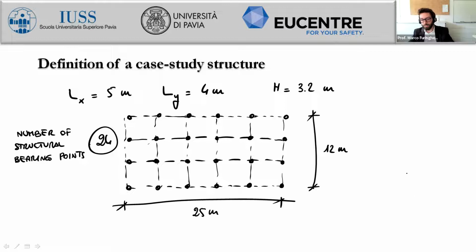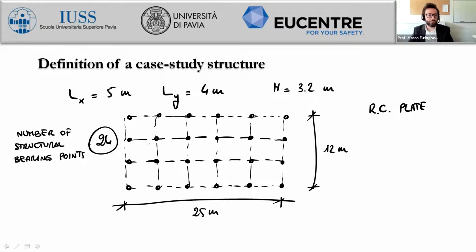We can consider the plan sizes of that plate as exactly the sizes of the building, but we also have to consider 1.5 meters on all the edges as an additional length in order to provide the proper space where people can go through, and so on.